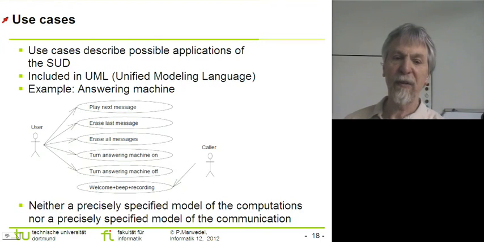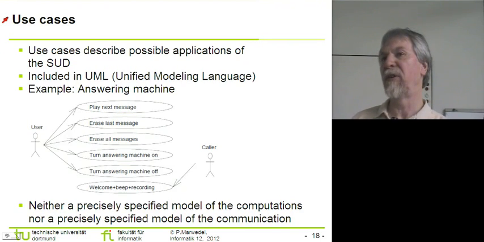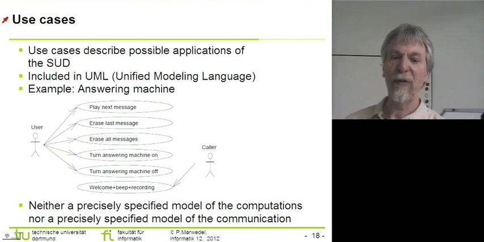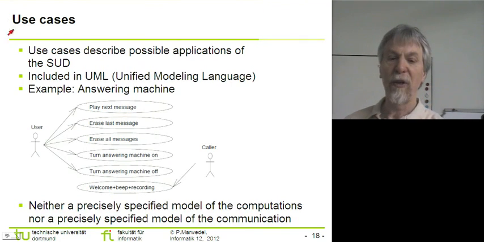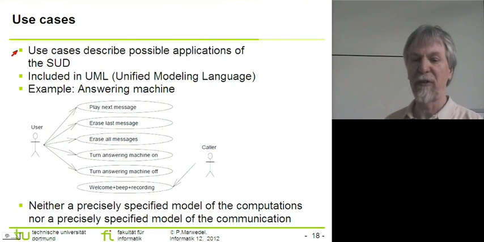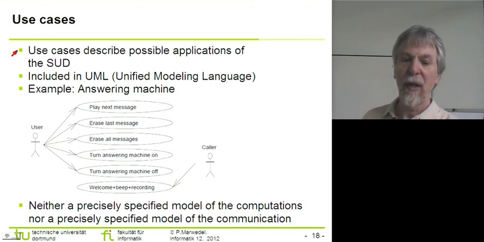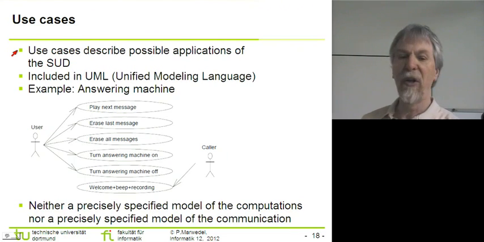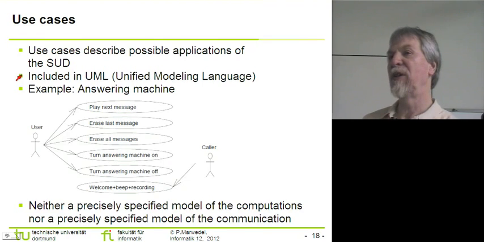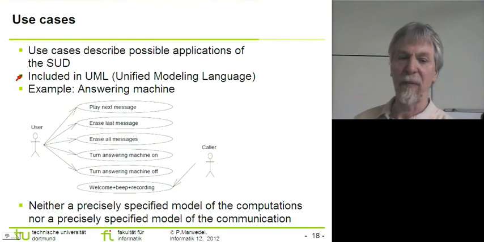So as a second method that we can use during the early phases, we have so-called use cases. That means we're describing possible applications of our system under design. Use cases are a very convenient way of making sure that the final system will really implement what the user is interested in.